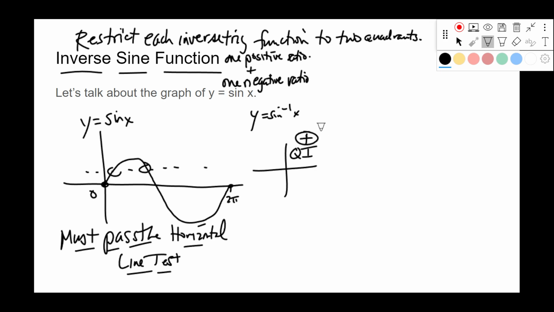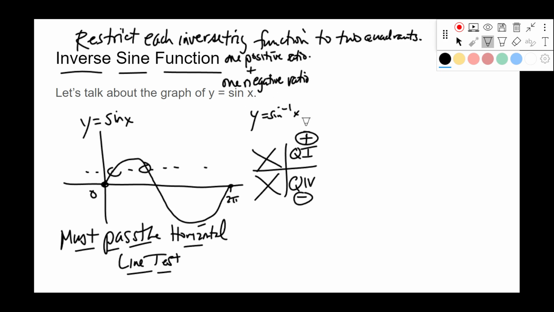If I'm going to choose quadrant 1 as my positive quadrant, then I can't choose quadrant 2 because y is still positive there. Now, the other deal is you never choose quadrant 3 because we always try to choose a quadrant connected to quadrant 1 so that we can write it in a simple interval. So here, we're going to use quadrant 4 as our negative quadrant.